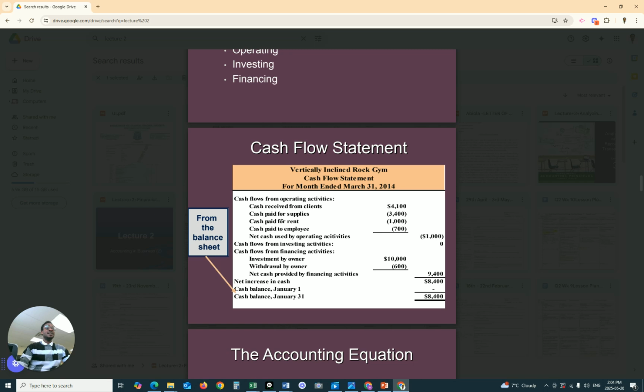So, this is an example of a cash flow statement. Vertically Inclined Rock Gym cash flow statement for the month ended March 1, 2014. Cash flows from operating activities are cash received from clients, cash paid for supplies, cash paid for rent, cash paid to employees.